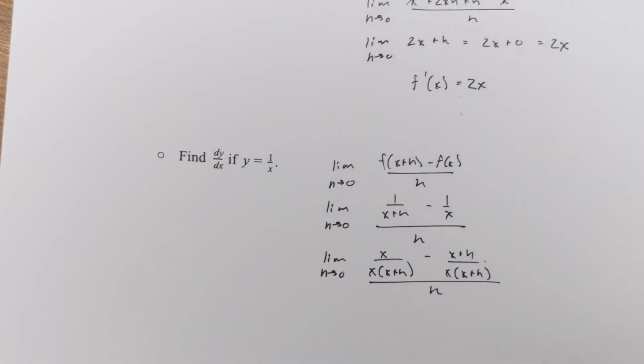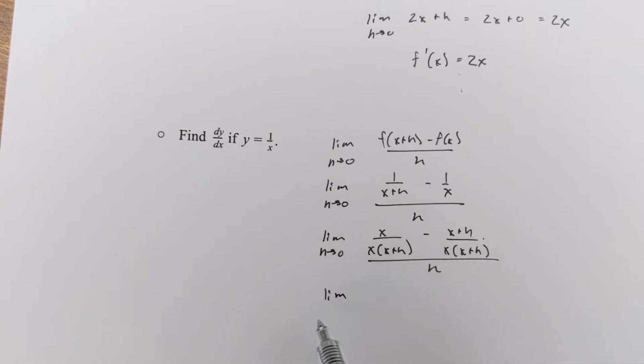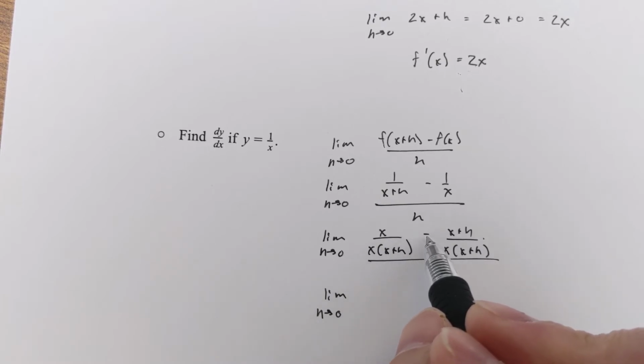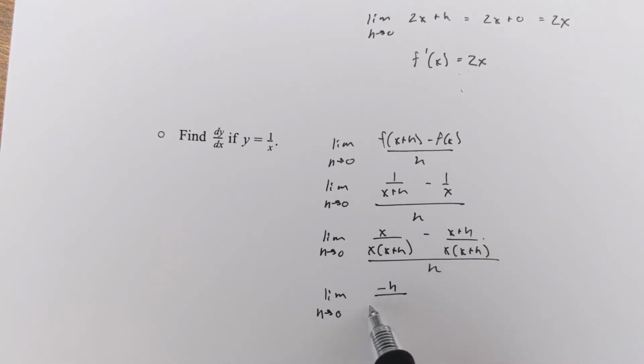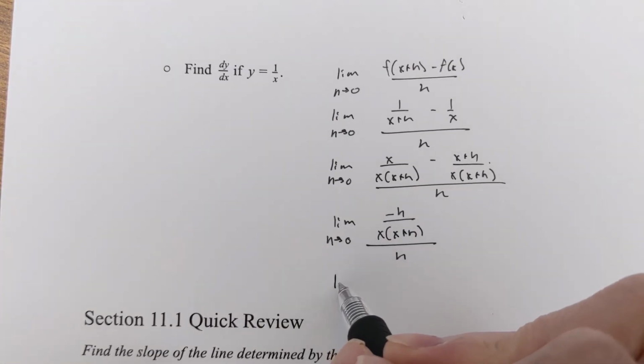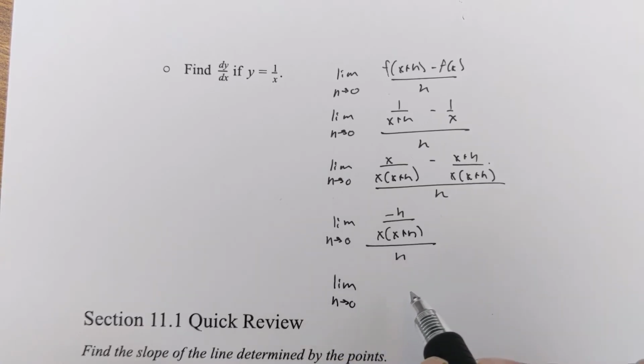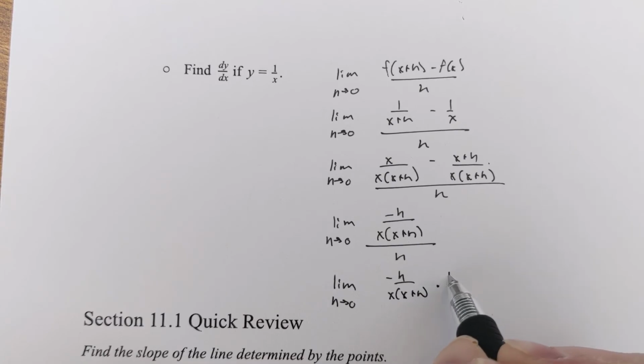So I have this. So now I can combine my two fractions. So x minus x goes away. So just negative h over x plus h all over h. So divide by h is the same thing as multiplying by its reciprocal, so times 1 over h.